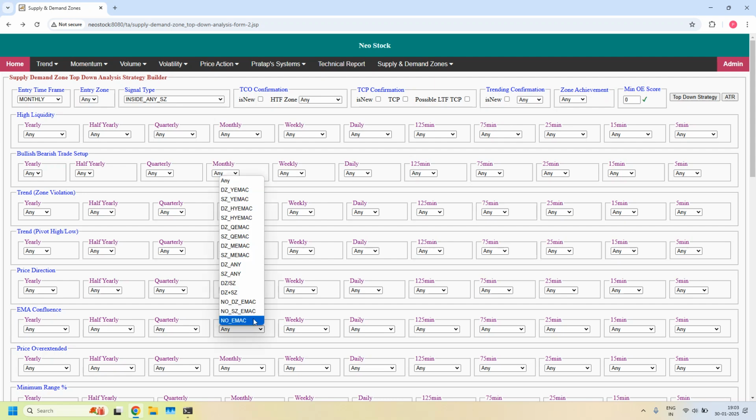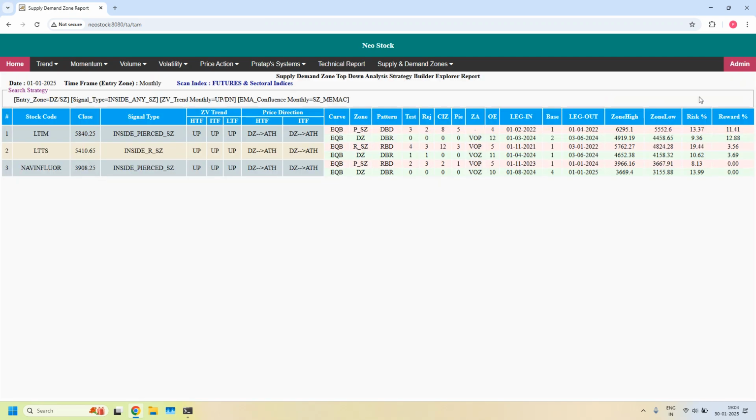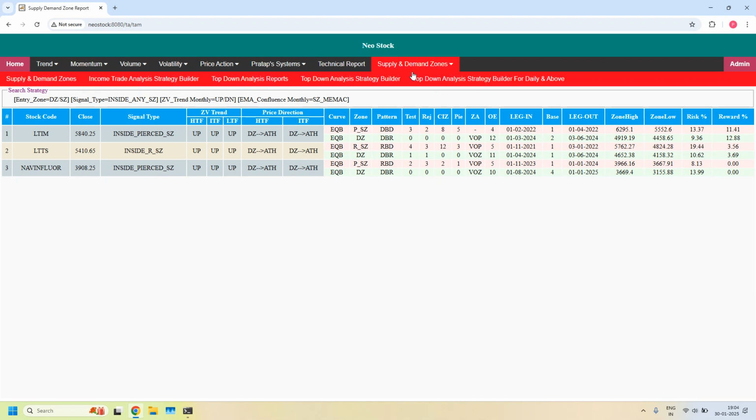I am setting the filter monthly supply zone having monthly EMA confluence, and trend on monthly time frame should not be sideways. It can be up or down. Now 3 stocks are filtered, but these 3 monthly supply zones are pierced supply zones. So you can use pierced zone strategy on these zones. You learned that in lesson 28. Okay, this is about monthly time frame.